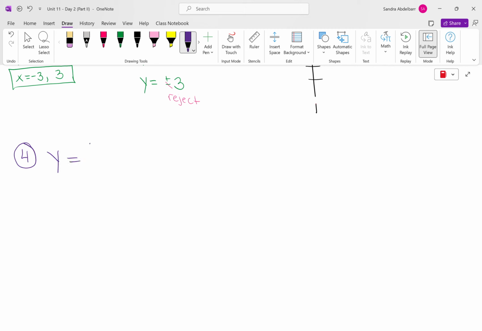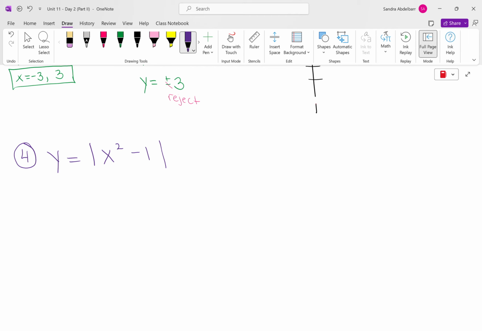All right, next one. This is not a V. How do I know this is not a V? I know this is not a V because when it's a V, we're only allowed to have an x to the first degree inside those absolute value lines.